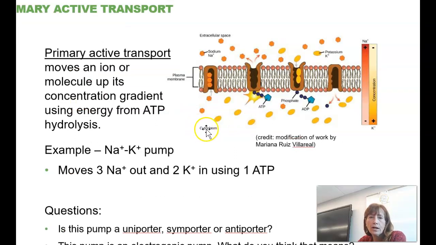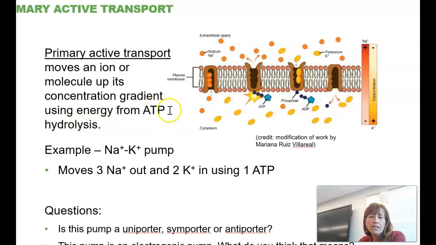Here's an example of a very important active transport mechanism in all cells. Remember, we're looking here at primary active transport, meaning we're using energy, we're using ATP. We're going to take ATP and break it down. That's why this word hydrolysis is here.